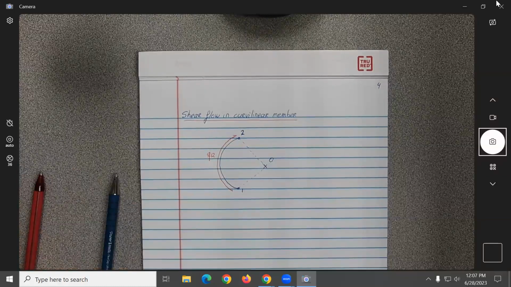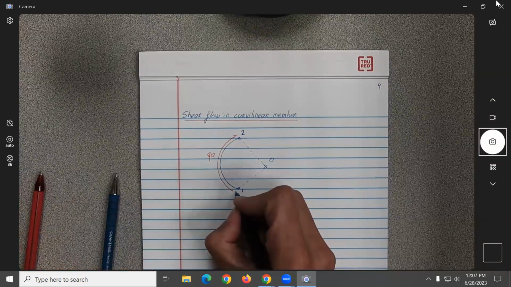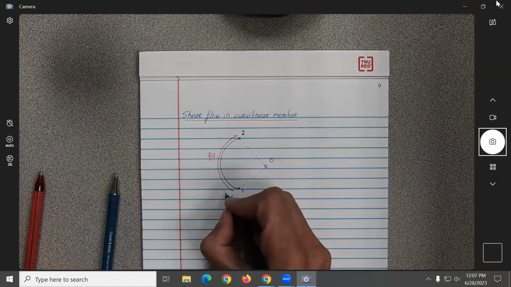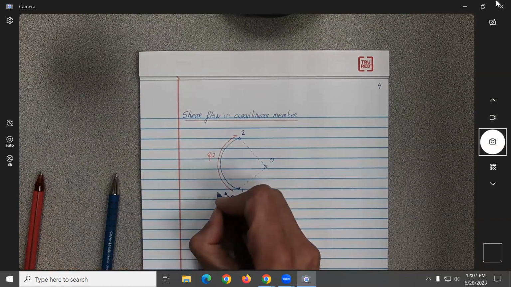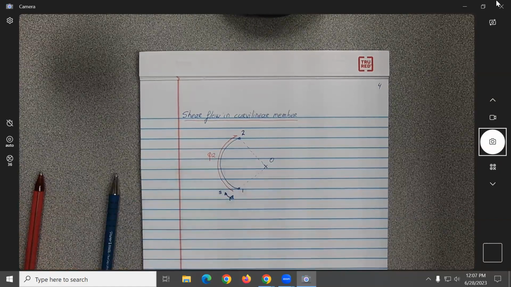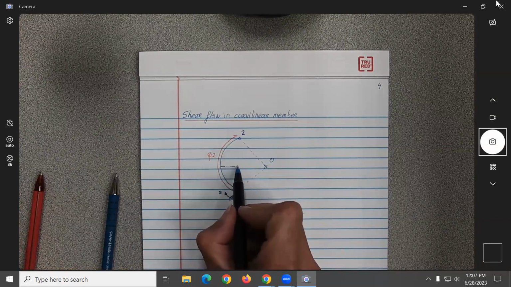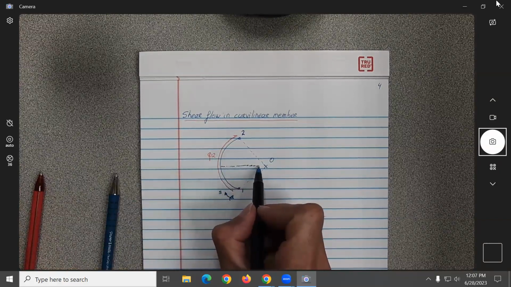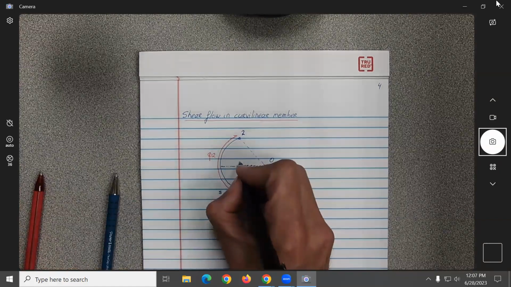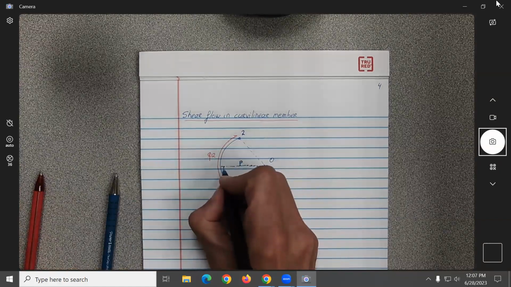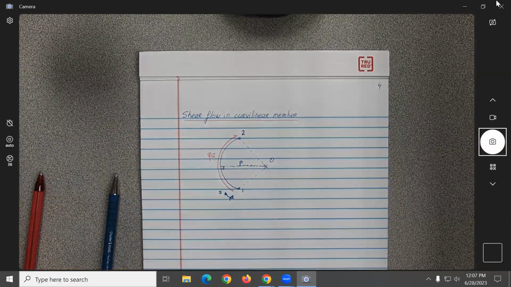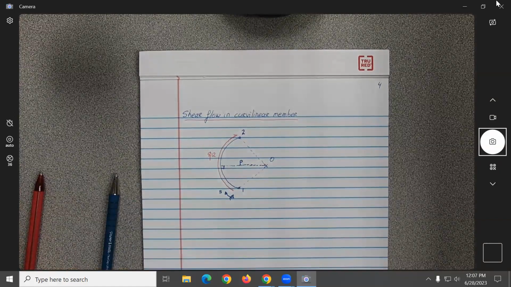Okay, in order to do that, like we did before, we need to define a starting point from where to calculate. So let's say it will be S. We'll go from 1 to 2. The distance here, I'm going to call it P, but basically this would be the radius, and I make it perpendicular.